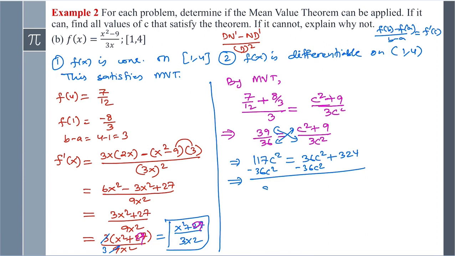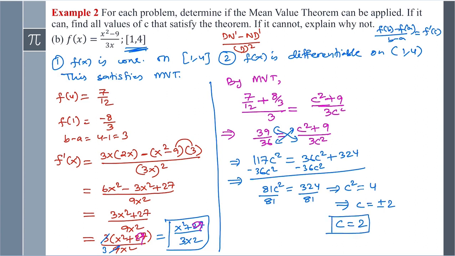We get 81 c squared equals 324, divided by 81. So c squared equals 4, since 324 divided by 81 is 4. If you take the square root, c is positive or negative 2. But one thing we need to remember is our interval is 1 to 4, so we cannot take negative 2. So c equals 2 is the point.